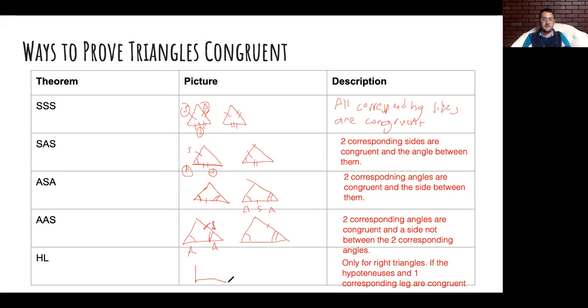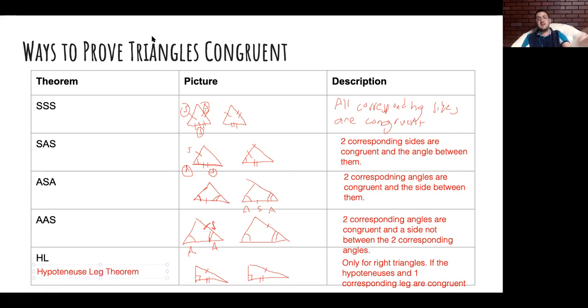So that's one thing we know for sure. And we have to have a hypotenuse and a leg. And that's why it's called HL. And the nickname for this theorem is hypotenuse leg theorem.